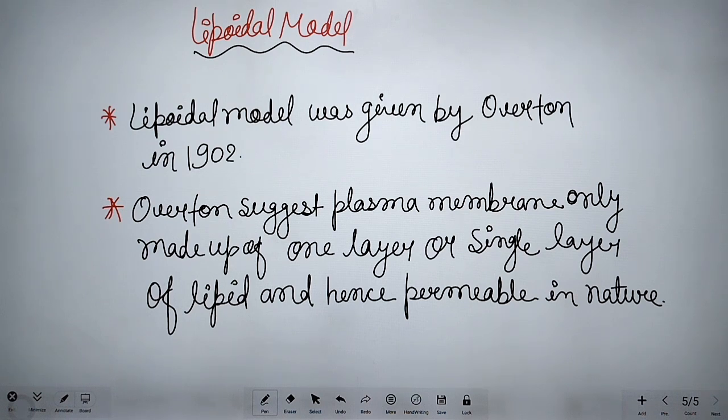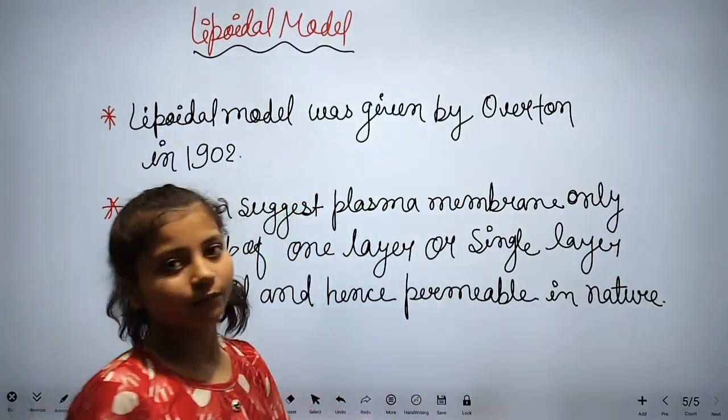Okay, so first of all, there is a scientist whose name is Overton, who suggests that the plasma membrane is made up of only one layer of lipid, and hence it is permeable in nature.